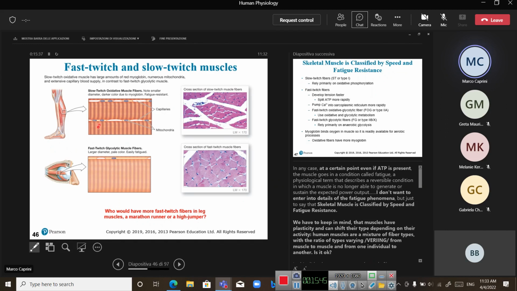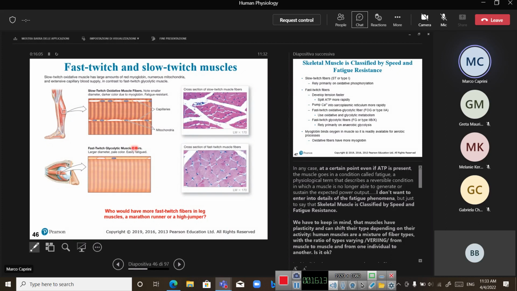Because in any case, at a certain point, even if the ATP is present, the muscle goes into a condition called fatigue. So, a physiological term that describes a reversible condition in which a muscle is no longer able to generate or to sustain the expected power, okay, the fatigue.